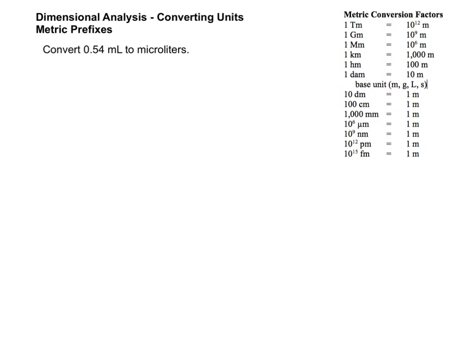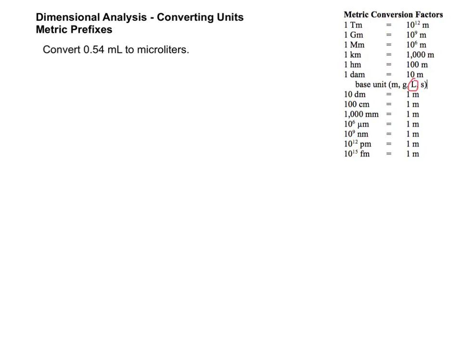In our next problem, we're asked to convert 0.54 milliliters to units of microliters. So the first thing to notice is that the base unit we'll be using is different. It's liters. So in these problems, we'll need to use metric conversion factors, but realizing that all of the base unit here will be liters.